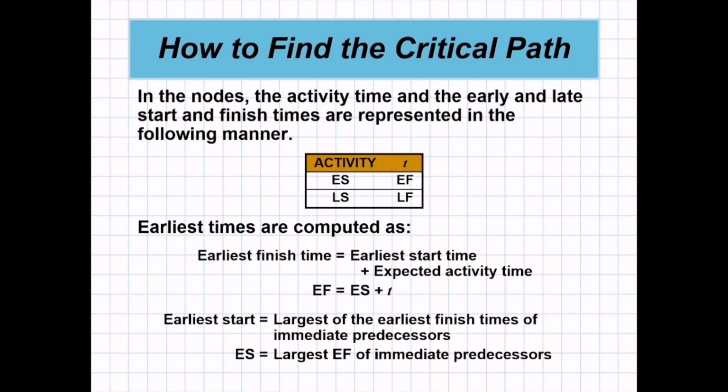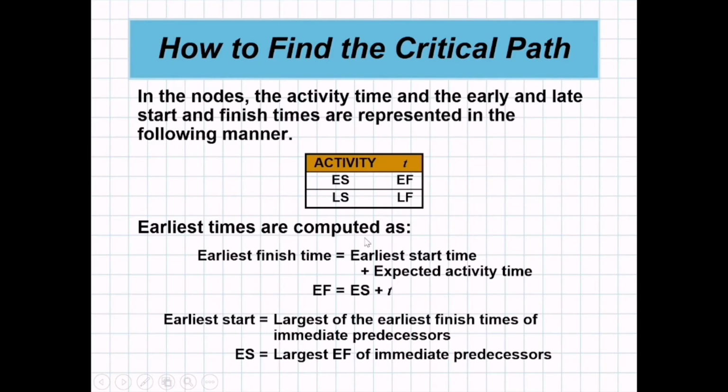So, in the nodes, the activity and the early and late start and finish times are represented in the following manner. For activity A, T is the time or the number of weeks, for example 2. ES is the earliest start. EF is the earliest finish time. LS is the latest start, and LF is the latest finish.